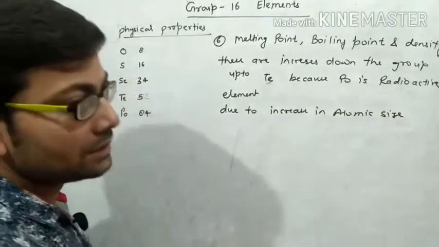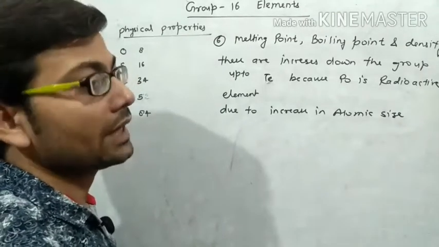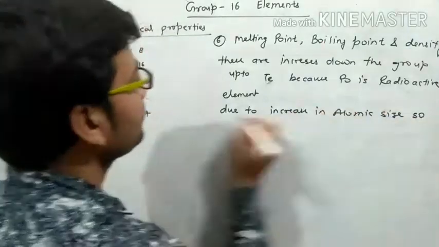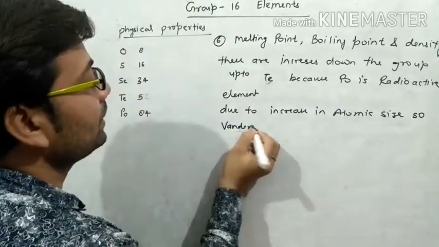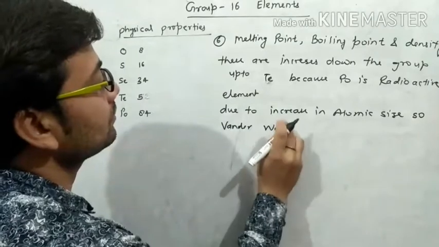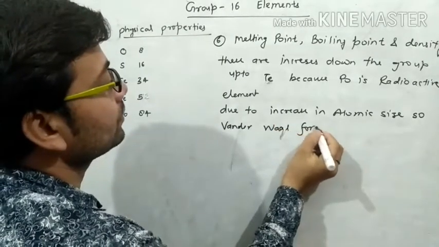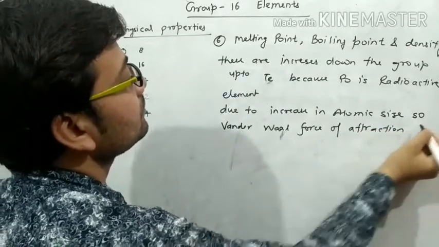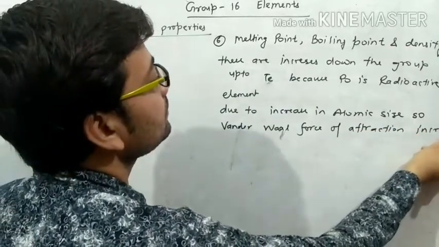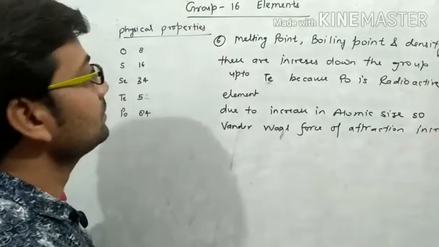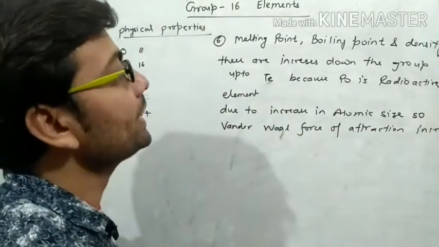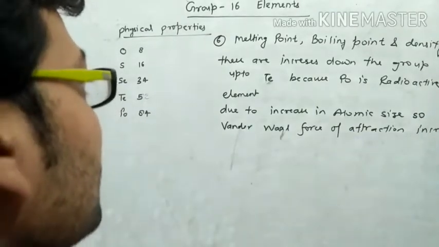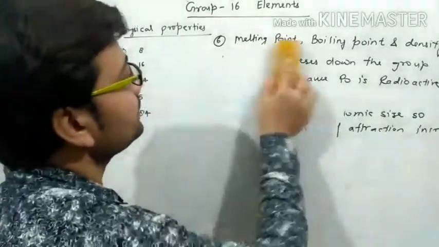So when atomic size increases, the van der Waals force of attraction also increases. So van der Waals force of attraction increases. That's why the melting point, boiling point, and densities of these elements increase. Right?